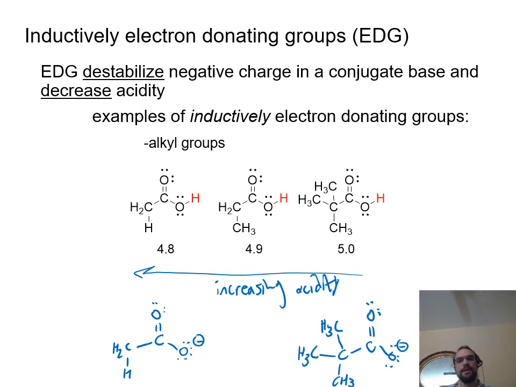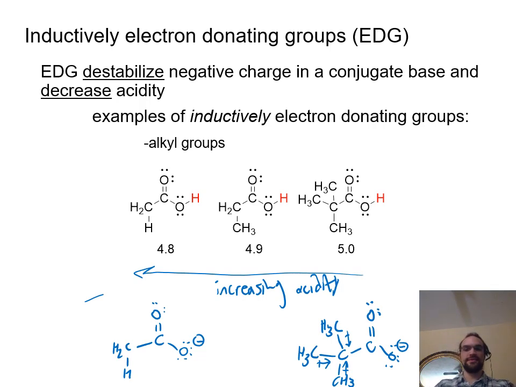Remember that alkyl groups are effectively electron donating. And so we are pushing electron density by being a donating group. Those methyl groups are pushing electron density towards something that already has a negative charge. So that's a destabilizing effect.